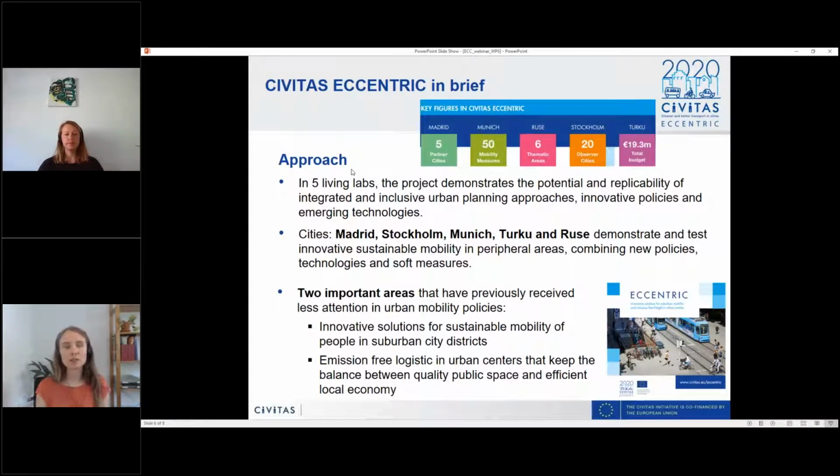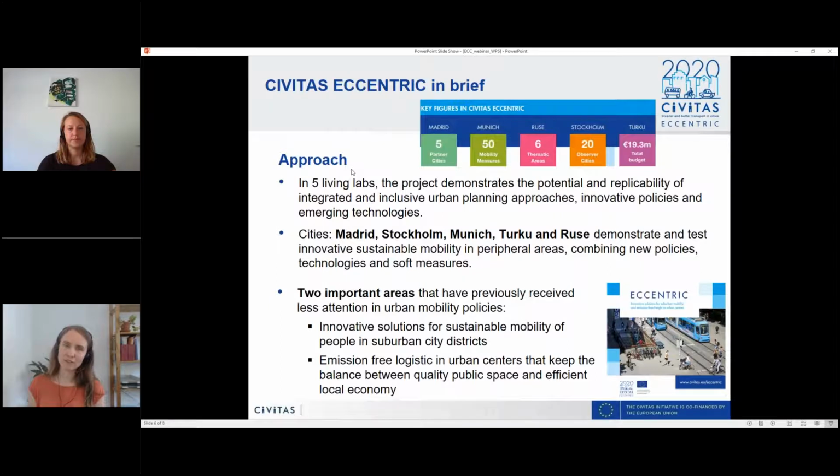And then it also focuses on emission-free logistics in urban centers that keep the balance between quality public space and efficient local economy. So it also has a focus on logistics and freight, which is not the focus of today's webinar, but there will be another webinar coming up specifically on logistics and freight. So if you're interested in that, please also stay tuned and look out for upcoming webinars.